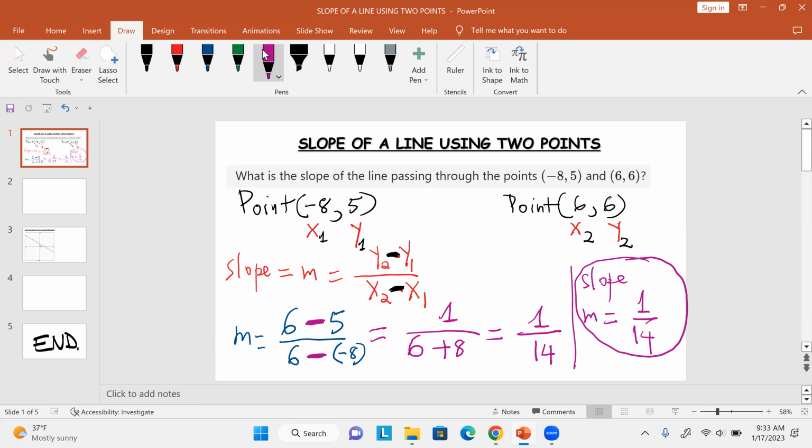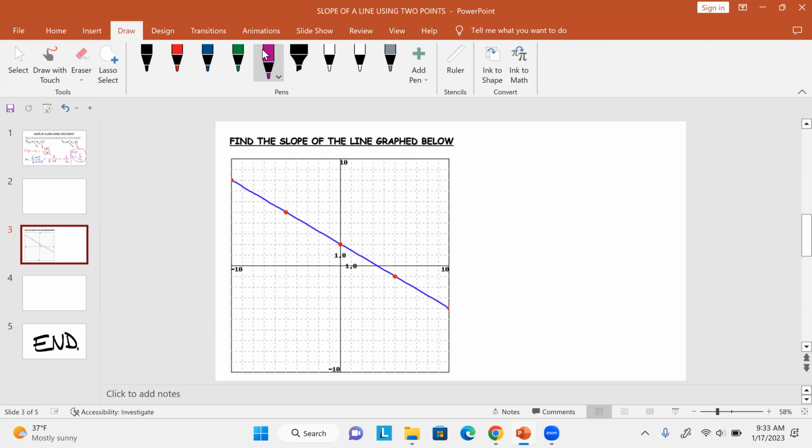Now let's see another example. In that example, they will not give you the coordinates of the points, but it's going to be a line, and ask you the same question: find the slope of the line graphed below.